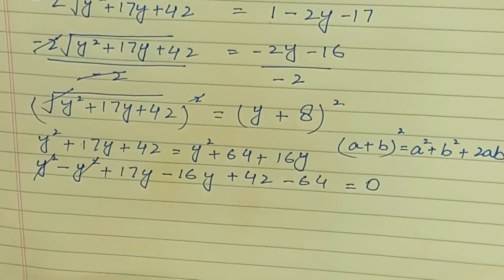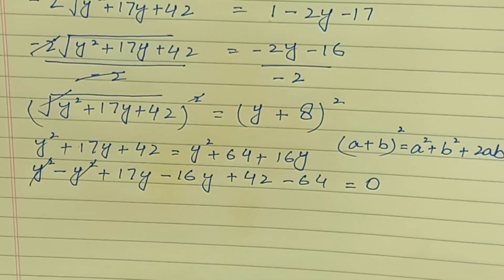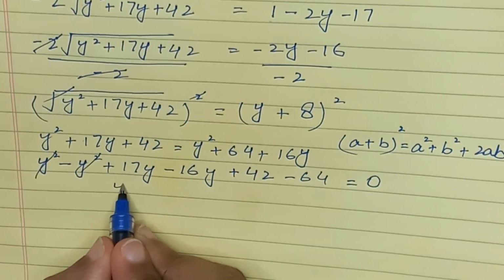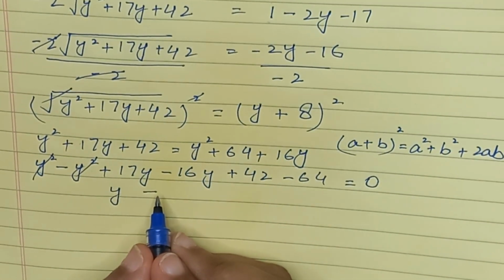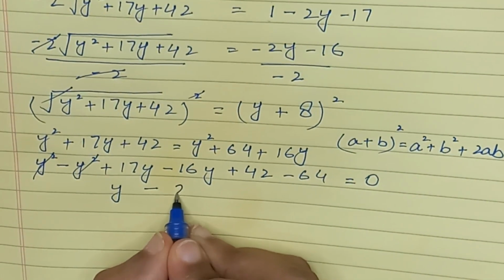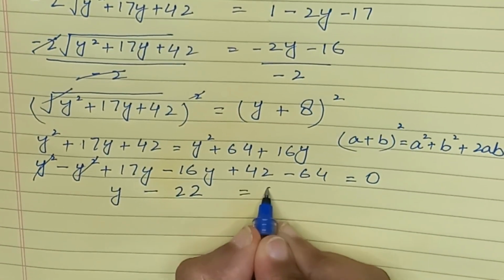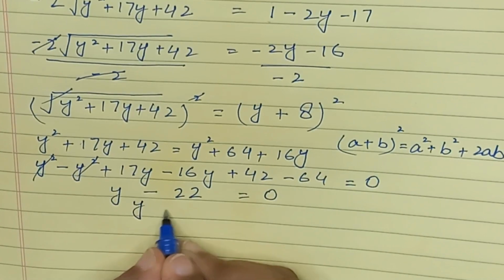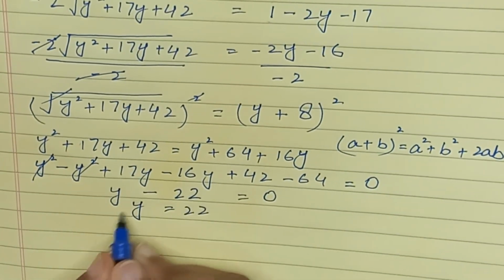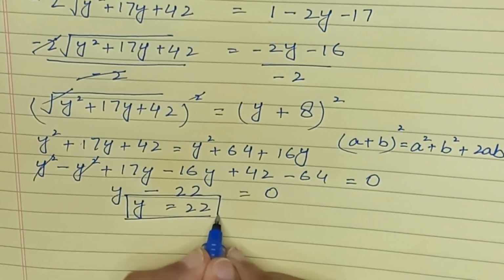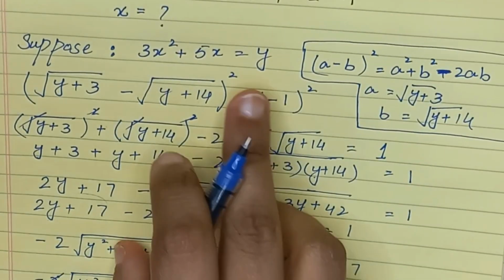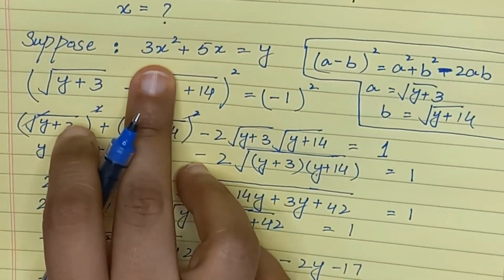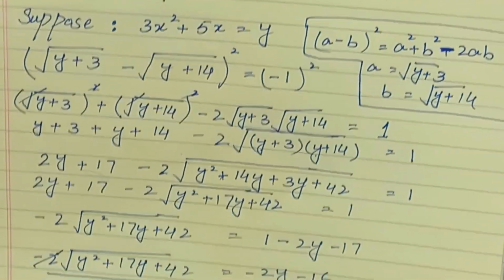So y square and y square will be cancelled out, and it will become y minus 22, which is equal to 0. So from here the value of y is 22, but y is equal to 3x square plus 5x.